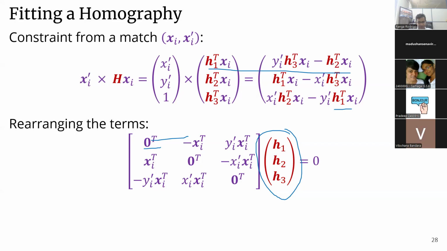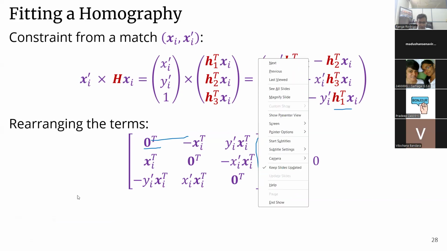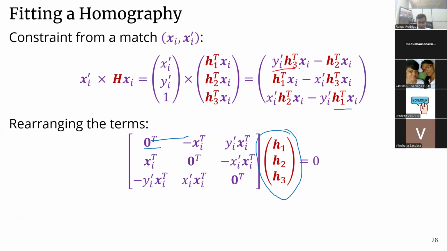Let me think. Yeah, this is 0. So anyway, this is equal to 3 zeros, right?